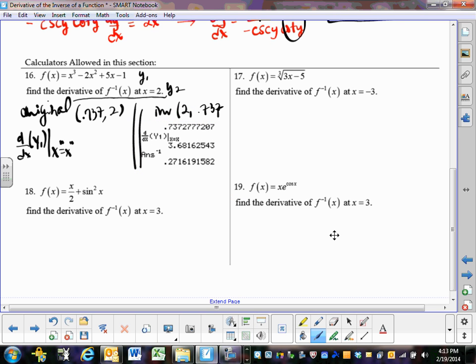I'm going to clear that out and type in x cubed minus 2x squared plus 5x minus 1 and 2. So I'm going to graph to find the intersection.